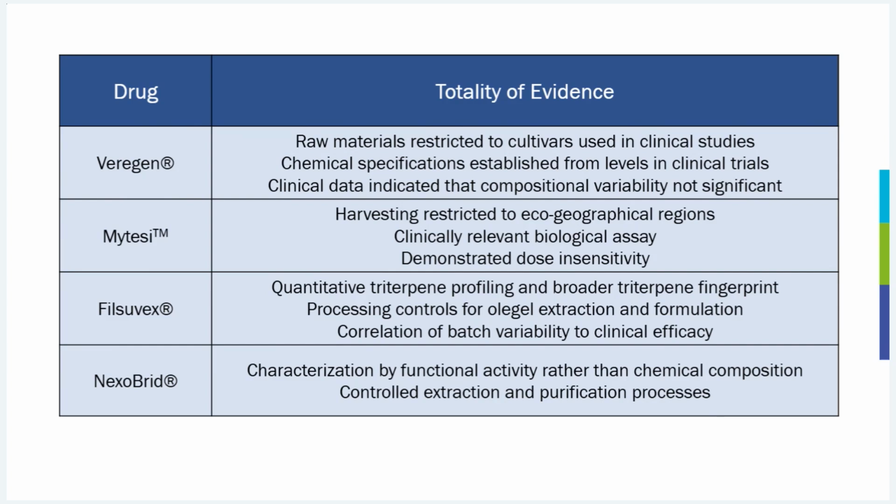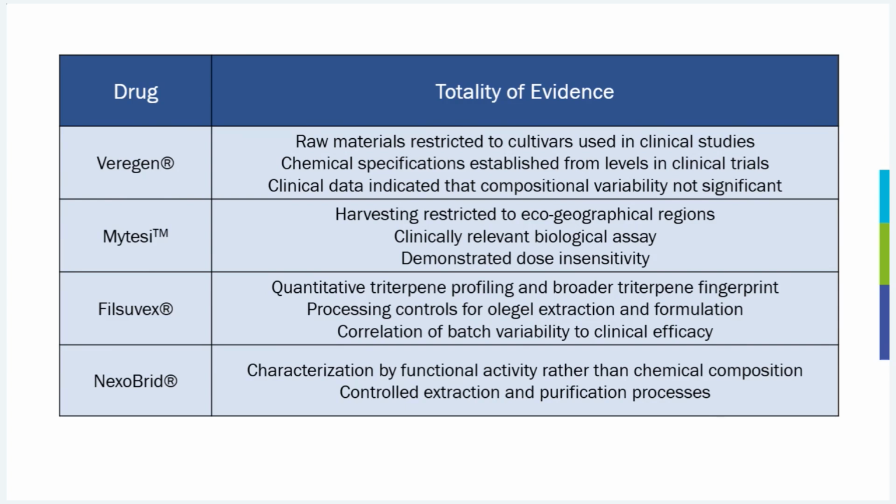So they had drug product that went into their phase 3 study that had high variability, and the clinical data indicated that wasn't significant. And that right there gives you a lot of rein on your specifications, and also maybe where you're growing your product or growing your BRM, it gives you some leeway there.